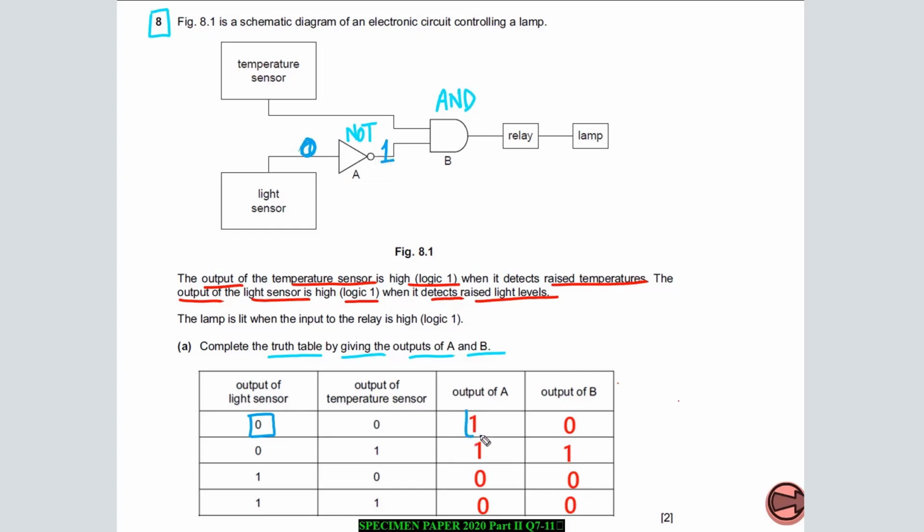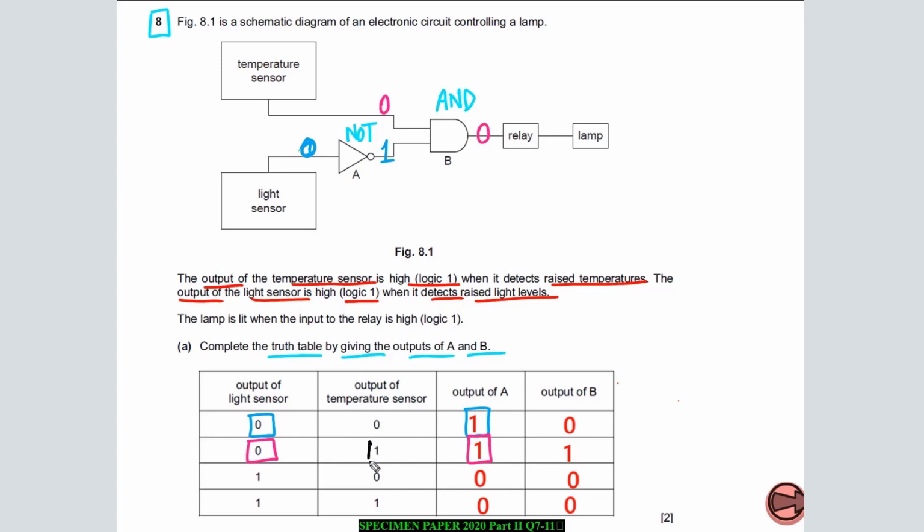That's the reason we wrote here this is 1. Now if this is 1 and this one is 0, what is the output? That has to be 0. Next, when the output of the light sensor is 0, this again has to be 1.